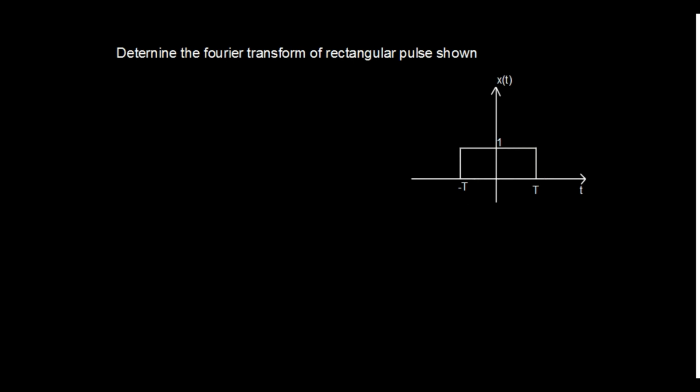First we have to write the mathematical equation for this given signal. So what is the signal? X of t.